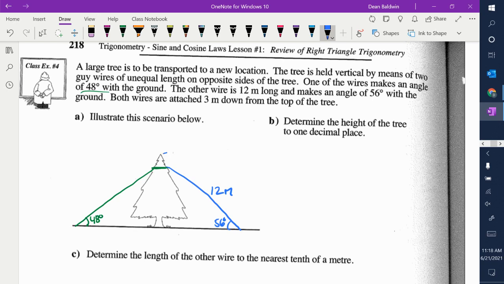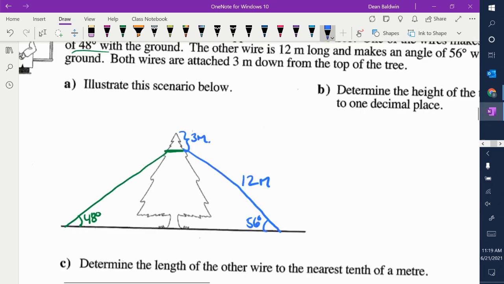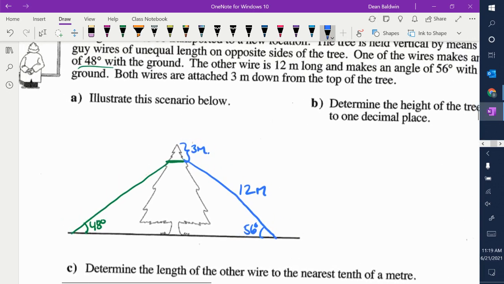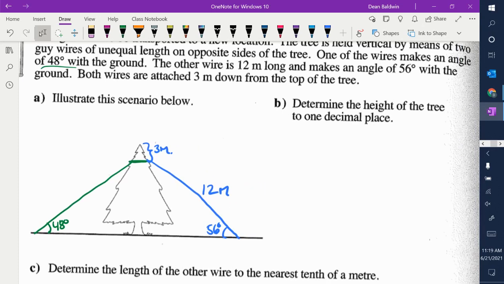And this bit here is 3 meters. Okay. How tall is the tree? That's what they want to know. Bigger than 3 meters? Okay, well, let's find out.